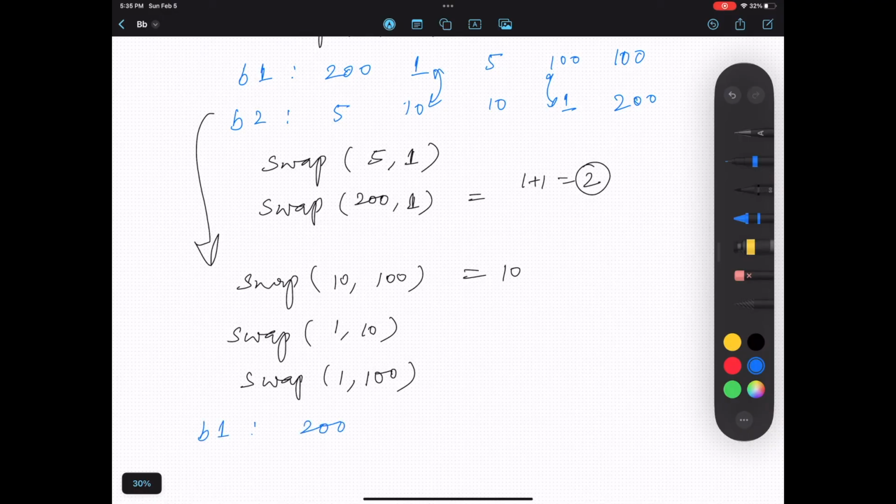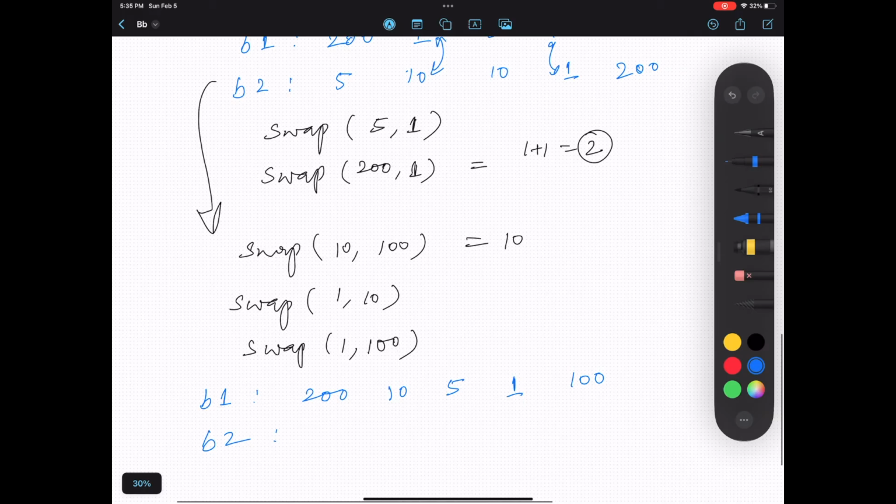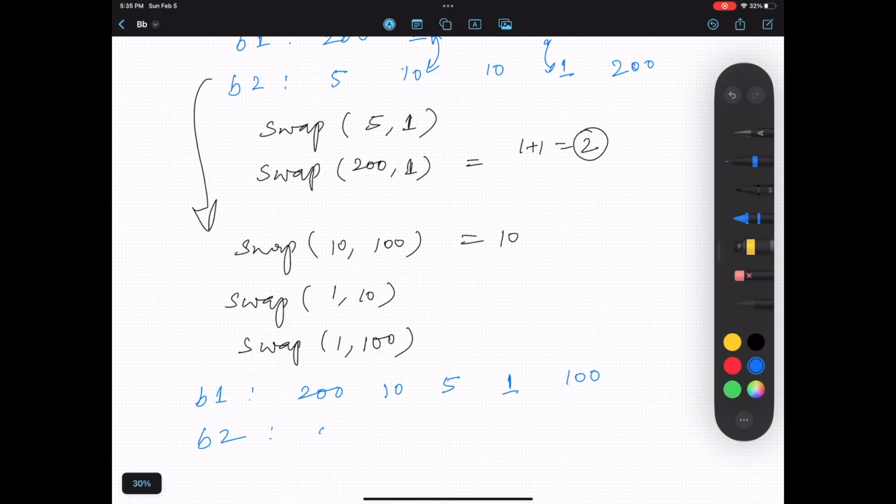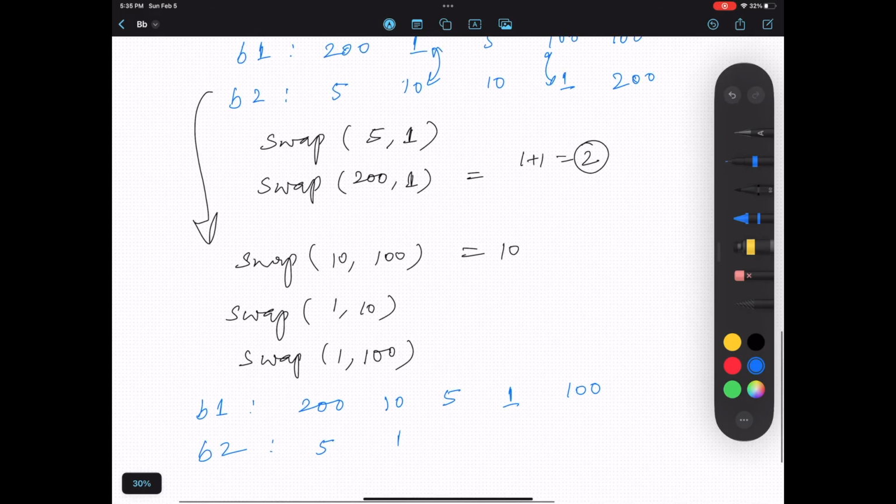B1 would become 200, 10, 5, 1, 100, and B2 would become 5, 1, 10, 100 and 200. So both of them are now the same, as you can see. And the cost of doing it like this is again 1 plus 1 equals 2.